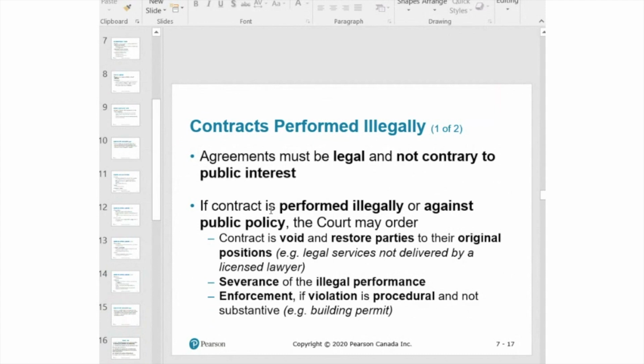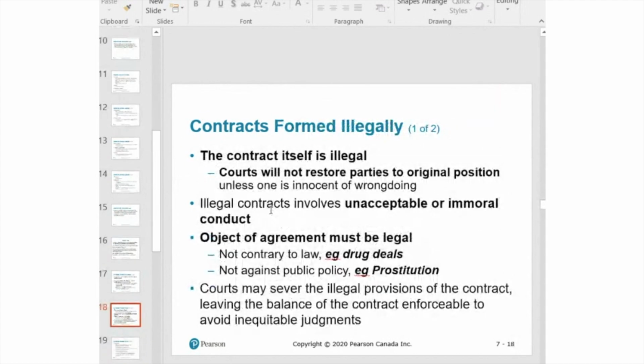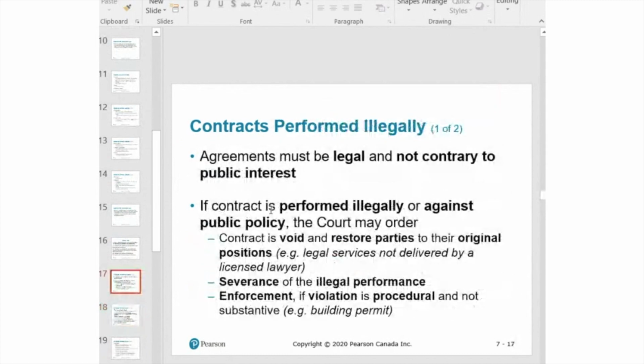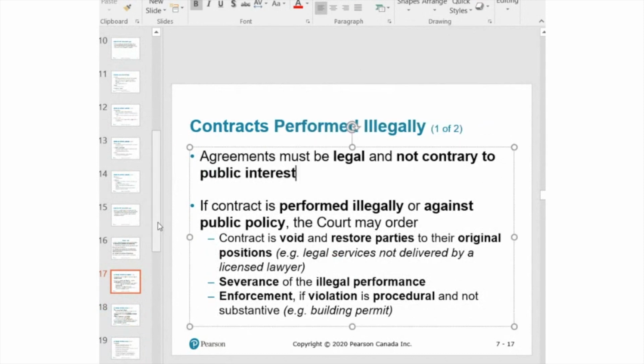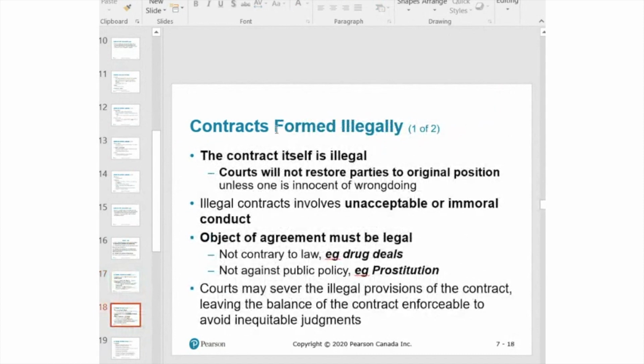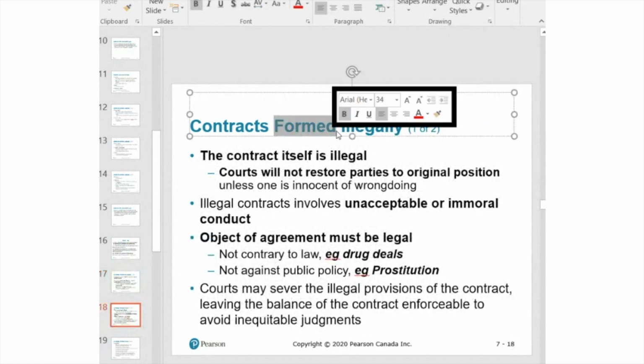In terms of legality, there are two issues we need to be cautious about. First, when the contract is performed illegally. The other situation is when the contract is formed illegally. Those are two different things.